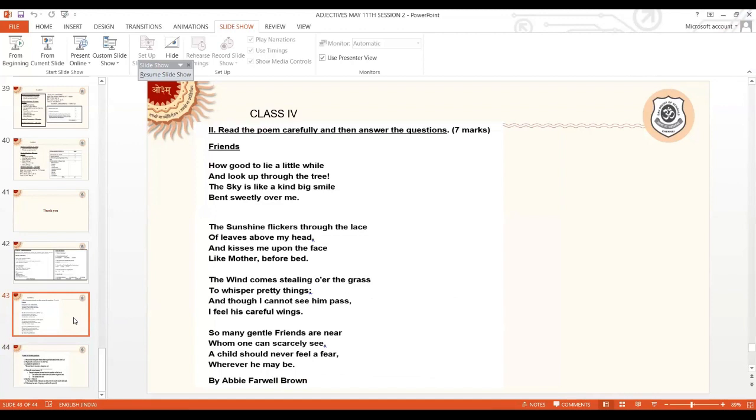Tree, sunshine, and wind. Sunshine, wind, grass. Sky, ma'am. Sky.